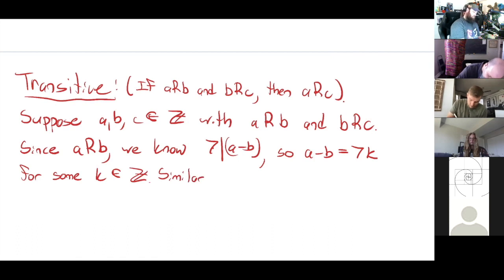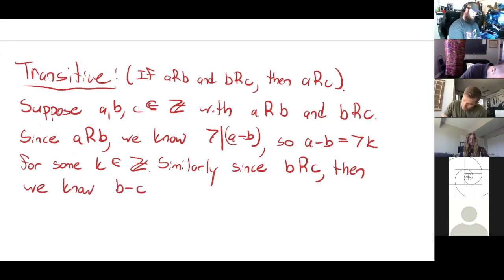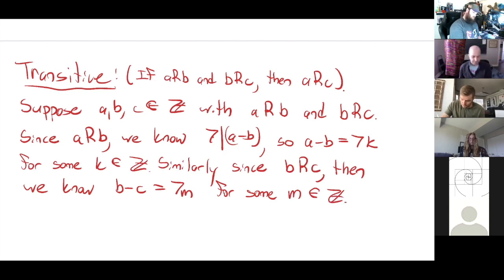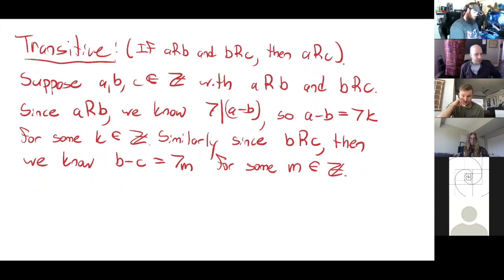And similarly, since B is related to C, let me not use N here, I'll use M. So let me just stop at that point.